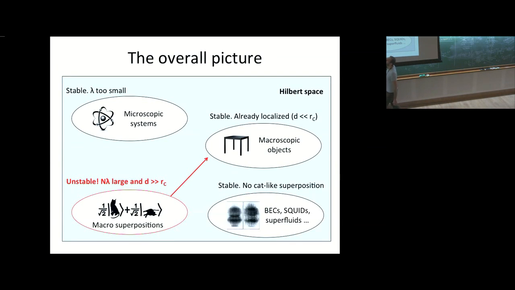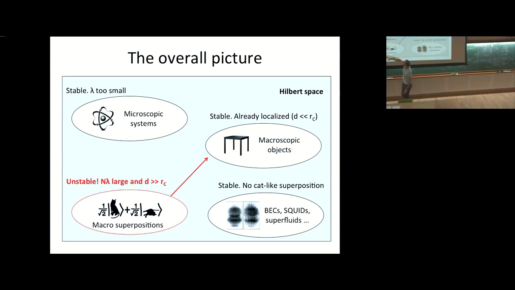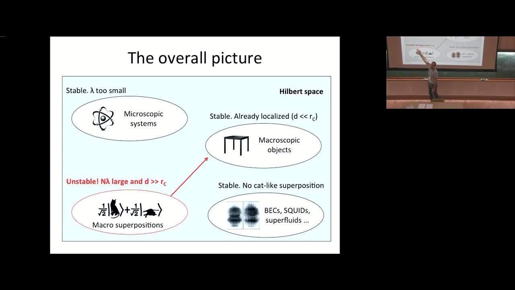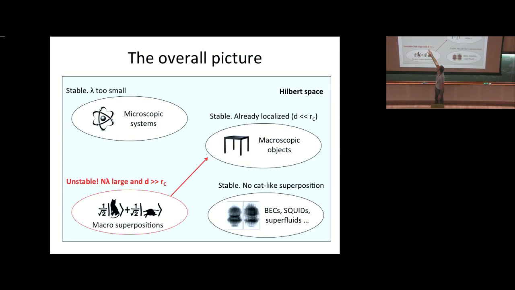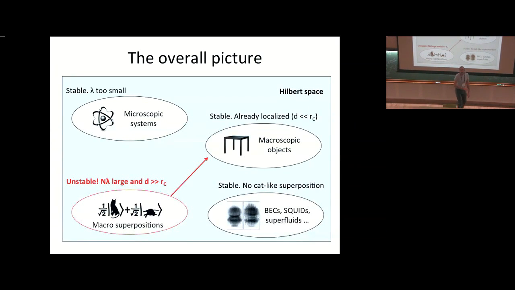Only when we come to this situation of macroscopic superposition, where you have a large number of particles in a large superposition, such that n times lambda becomes large and the delocalization distance also becomes significantly large, then they are vastly unstable. They immediately die and go towards a localized state.